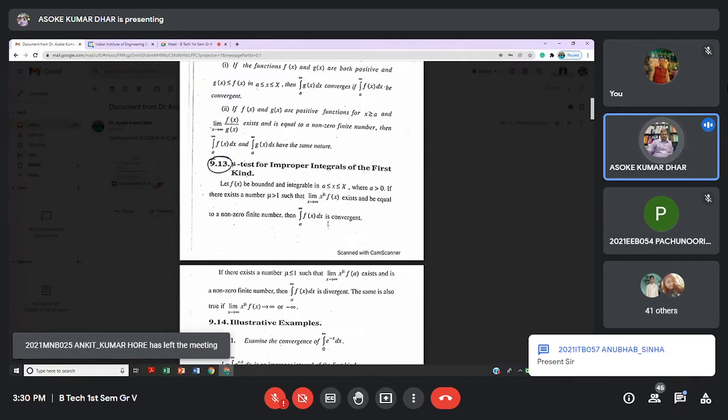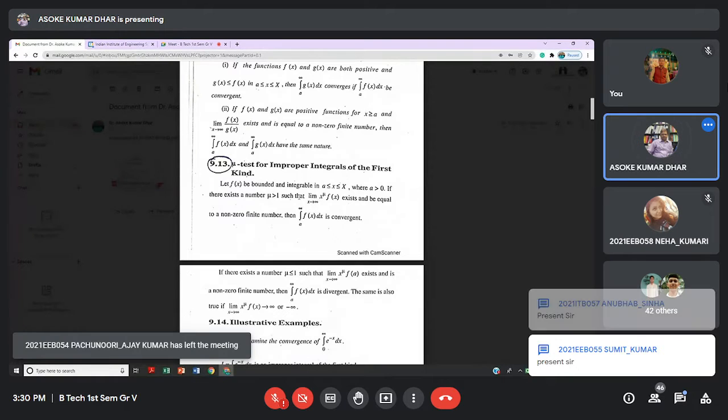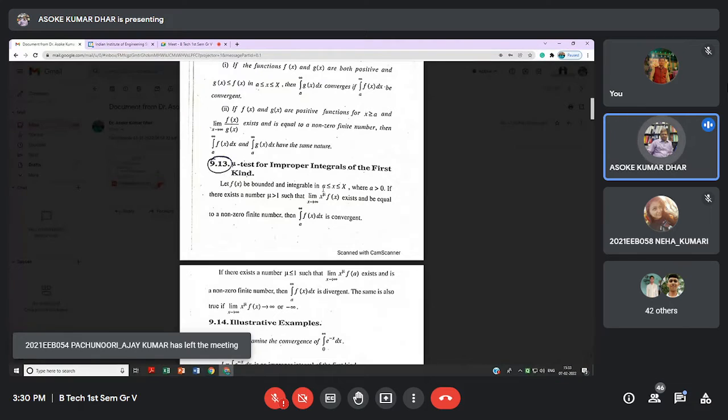This is the first kind, that is, here the upper limit is infinite. So we assume that f(x) is bounded and integrable in the range a less than or equal to x less than or equal to capital X, where capital X is a finite number, and we take the limit as x tends to infinity and a greater than 0.